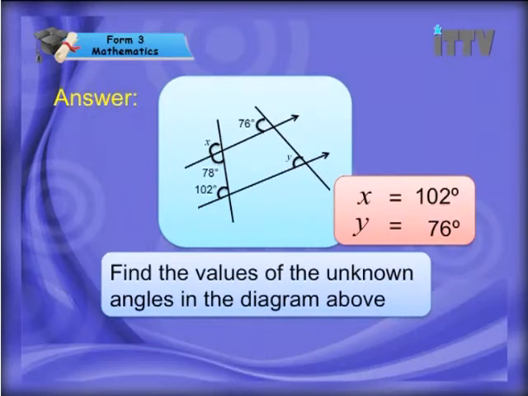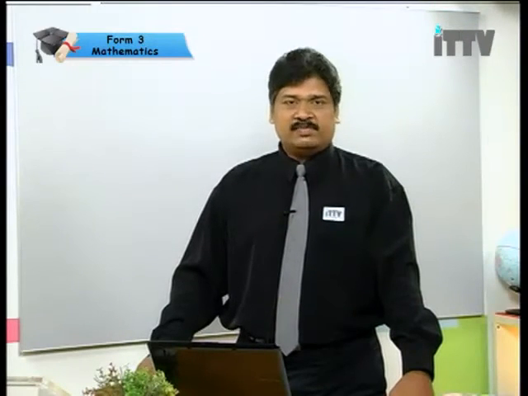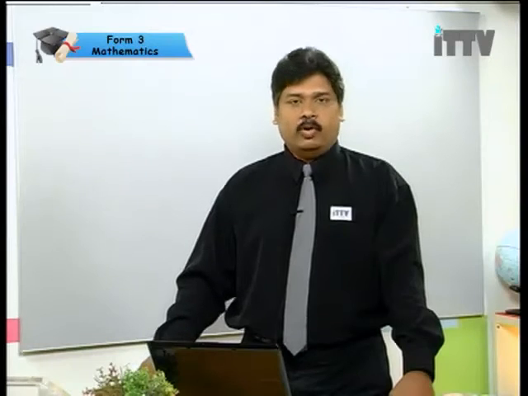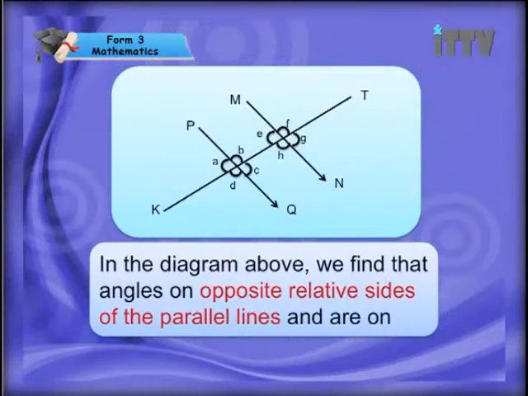So the correct answer to this question is X equals 102 degrees and Y equals 76 degrees. Well, boys and girls, it is important for you to know the concepts of corresponding angles. I hope you have taken down some important points on this issue.